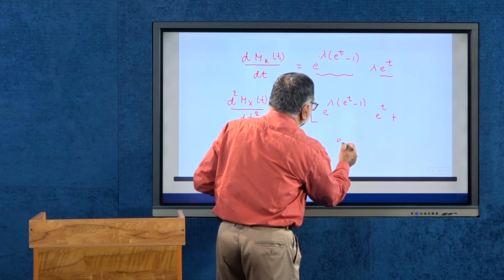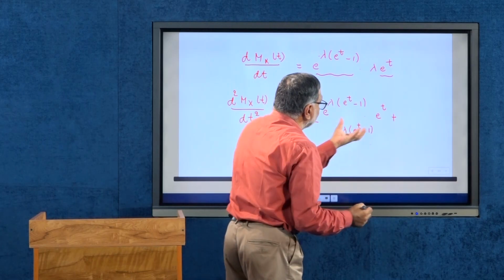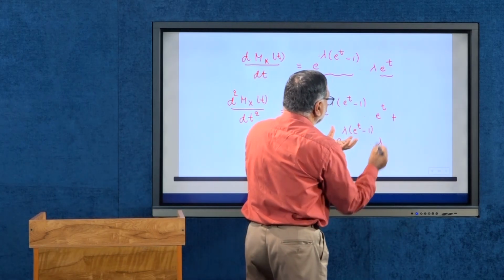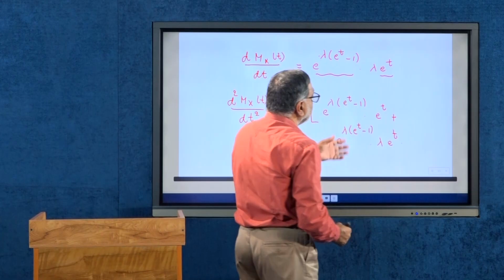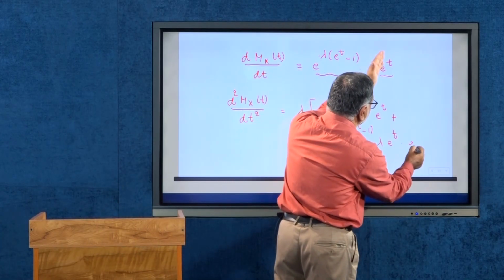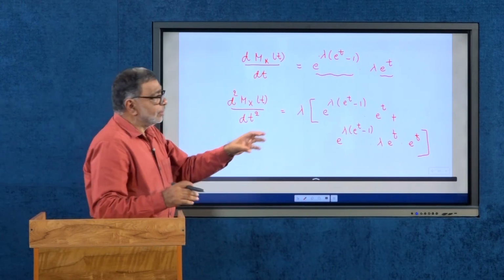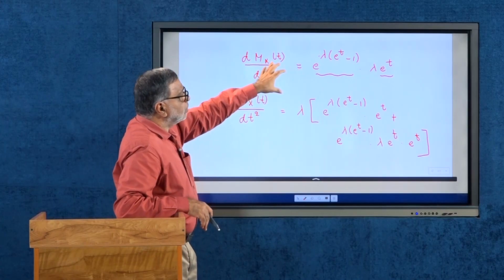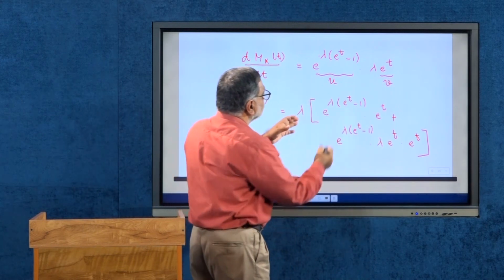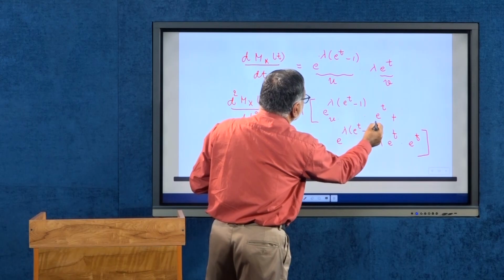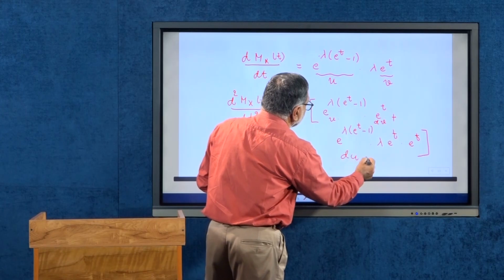What is the derivative of the first function? e power lambda (e power t minus 1); since it is a function of t, you have to multiply by the derivative of that function, lambda e power t, into the second function, e power t. I think you understand. That is, the first function into the derivative of the second function plus the derivative of the first function into the second function.